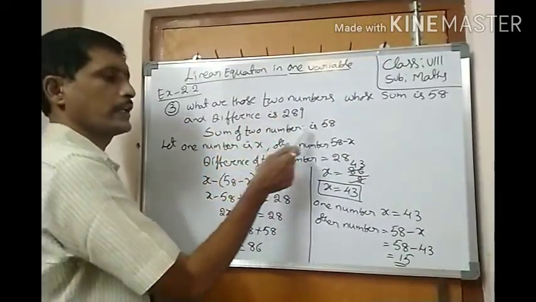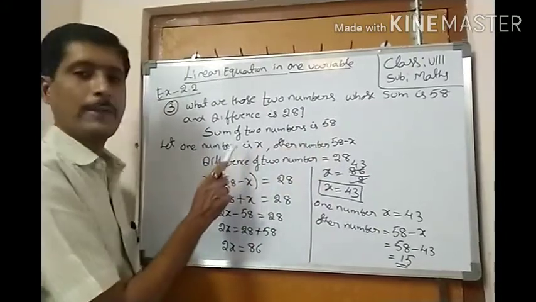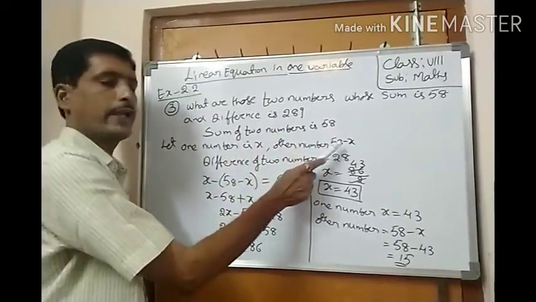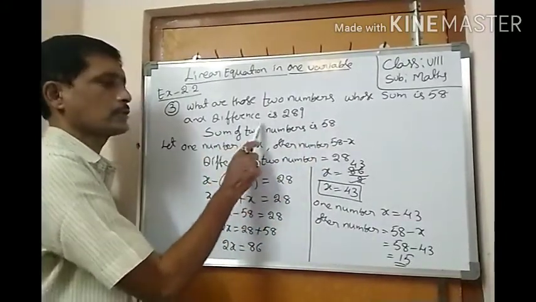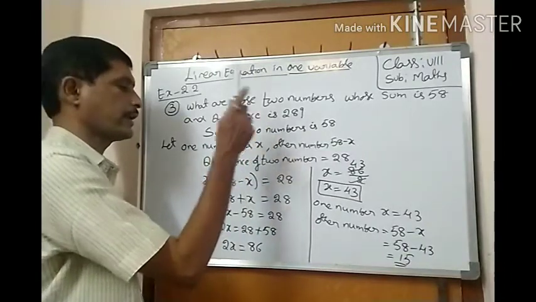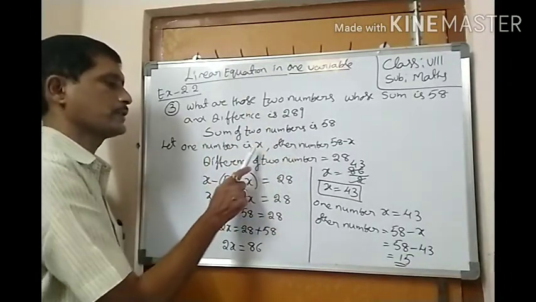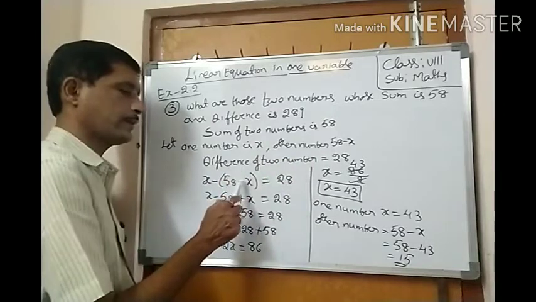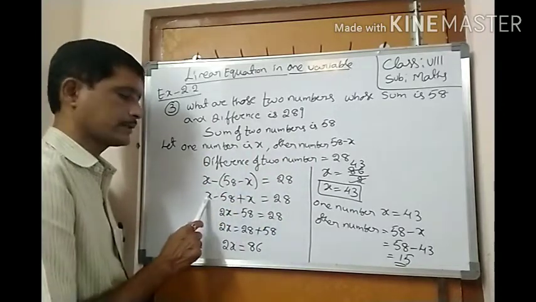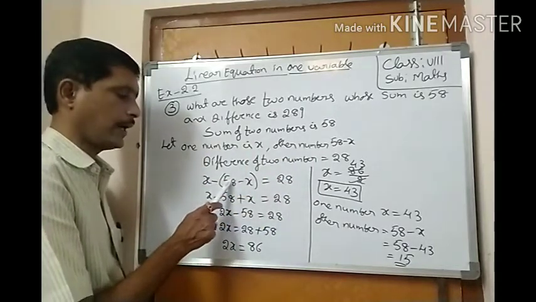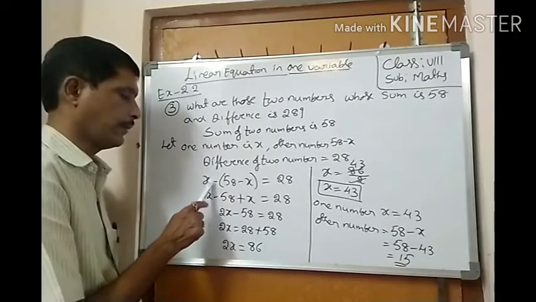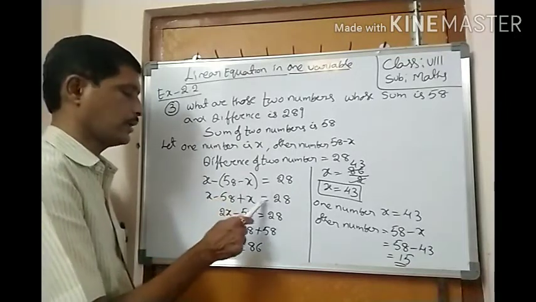The sum of two numbers is 58, therefore one number is x, another number is 58 minus x. The difference of the two numbers is 28, so x minus (58 minus x) equal to 28. X multiplied to minus into plus is minus 58, minus into minus is plus x, equal to 28.